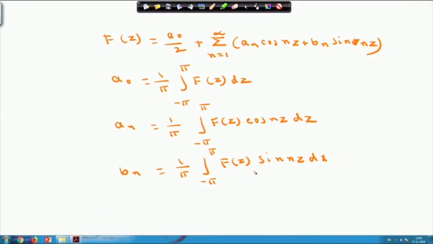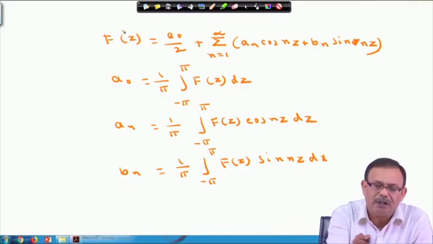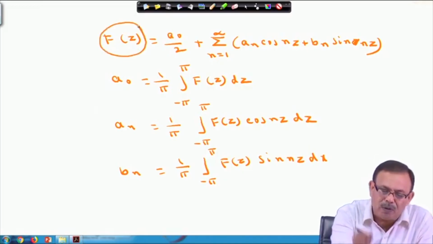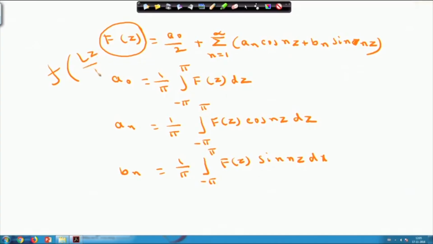Now this F(z) I can replace by small f of L z by pi, because capital F(z) is equal to f of L z by pi.